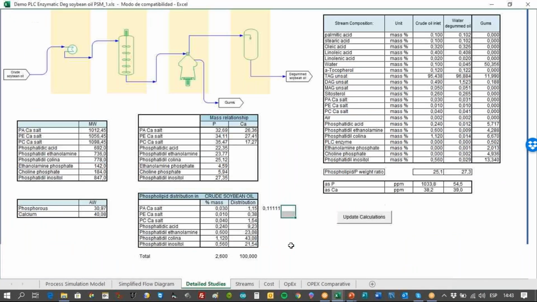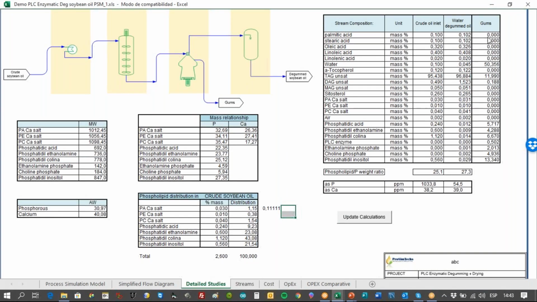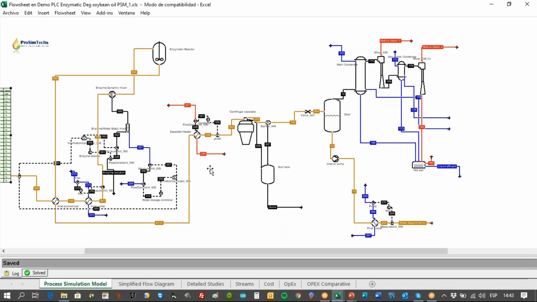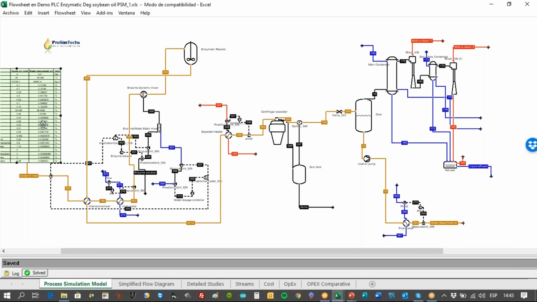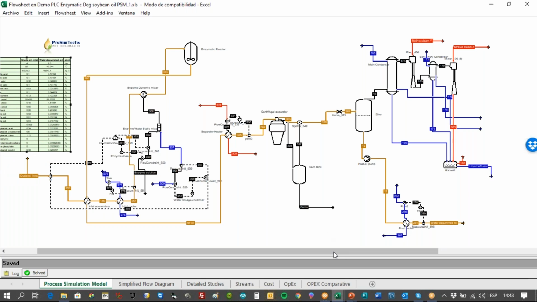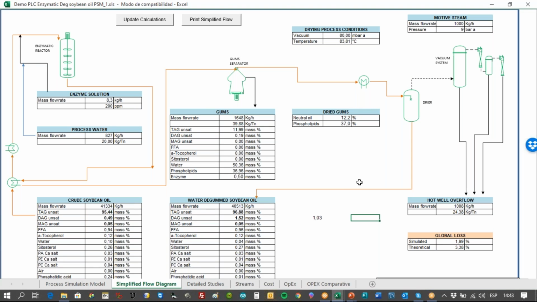Here we can analyze the results of the simulation in great detail. Let us say this last run of the model simulation has the results with the plant running with the appropriate performance of the enzyme.